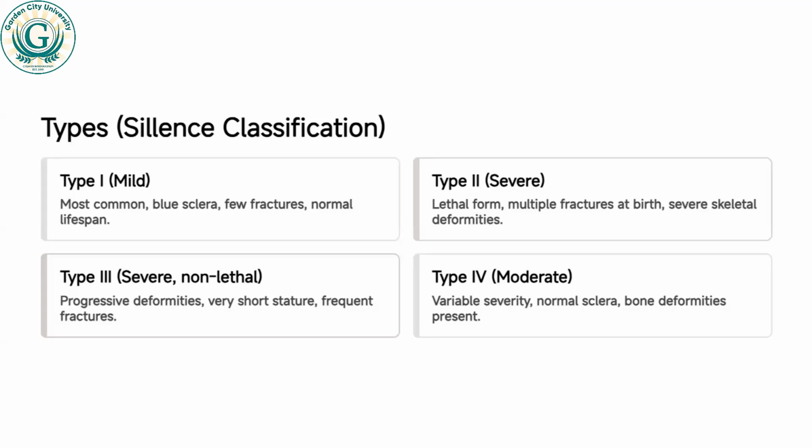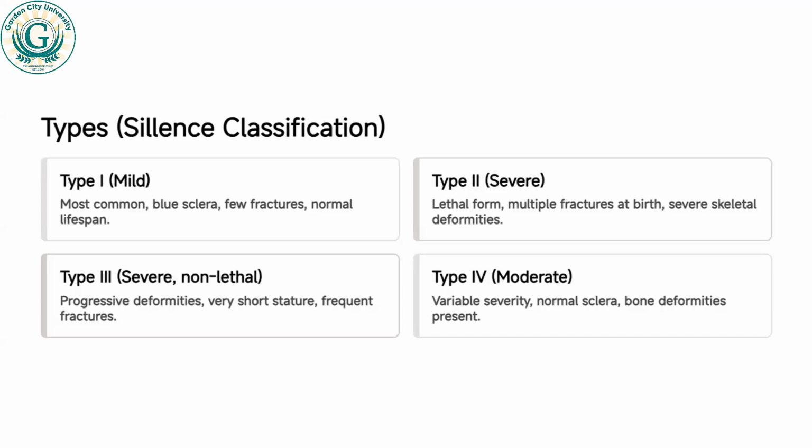Their normal lifespan. If you go to type 2, that's a severe, lethal form, with multiple fractures at birth and severe skeletal deformity. So here, during birth, they can have multiple fractures, and once you have multiple fractures, it can lead into what? A lot of skeletal deformities.